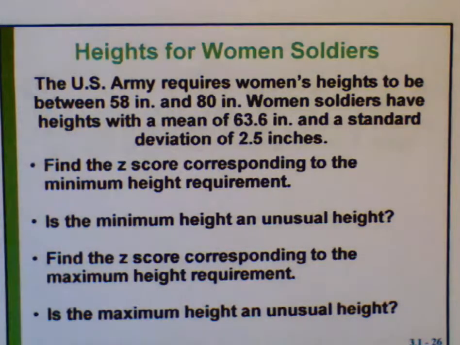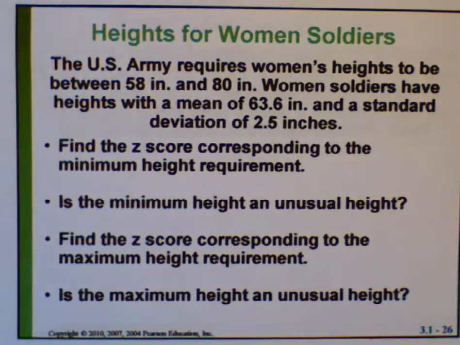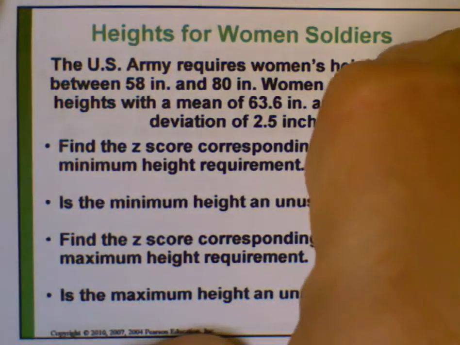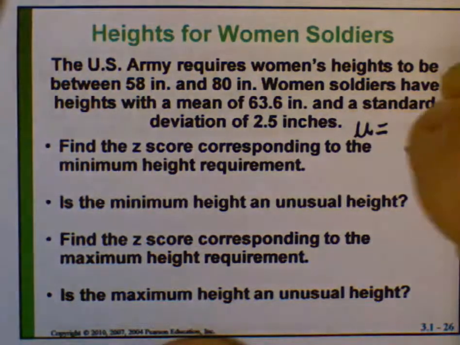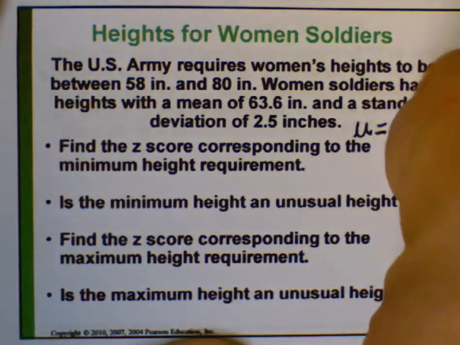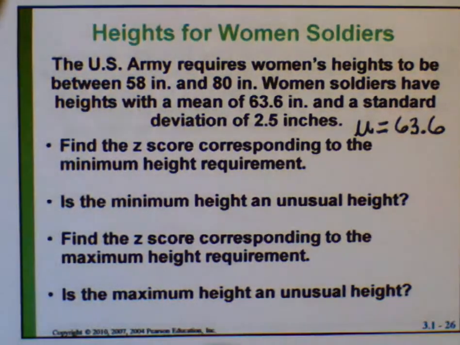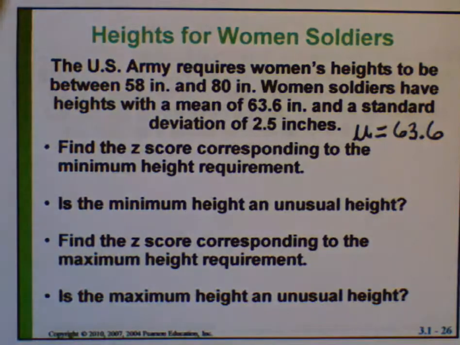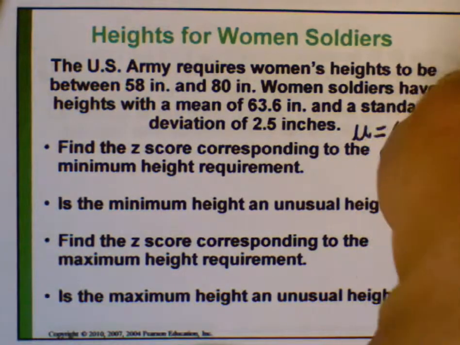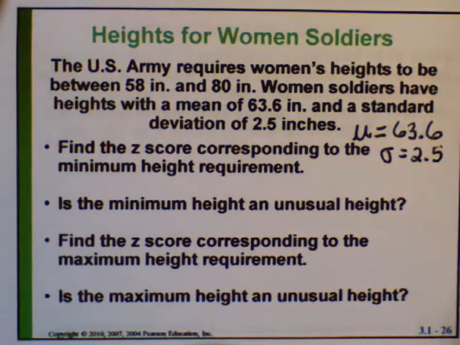Another example is heights for women soldiers. The U.S. Army requires women's heights to be between 58 inches and 80 inches. Women soldiers have heights with a mean of 63.6 inches. That sounds like a population of all women soldiers, which have a mean of 63.6 and a standard deviation, that's a population standard deviation, of 2.5.